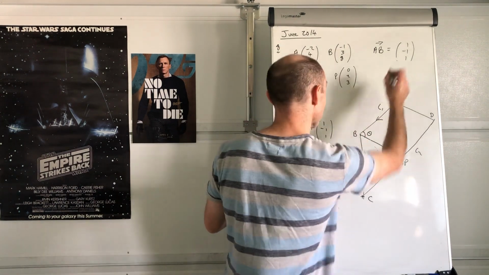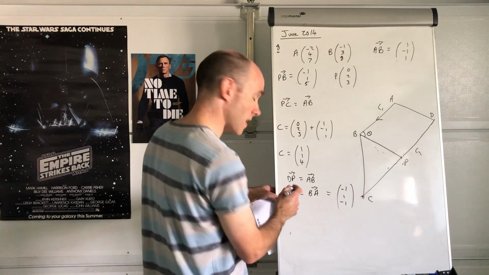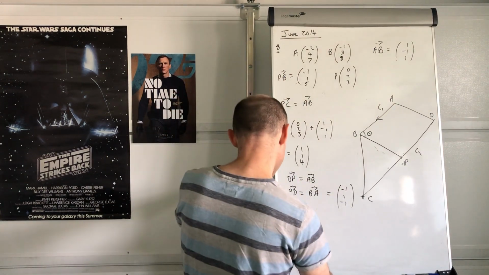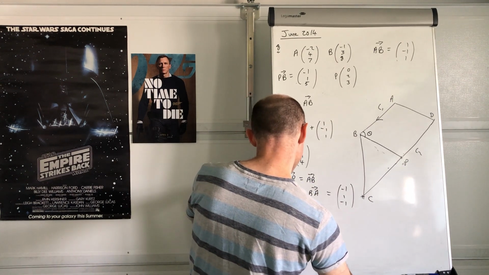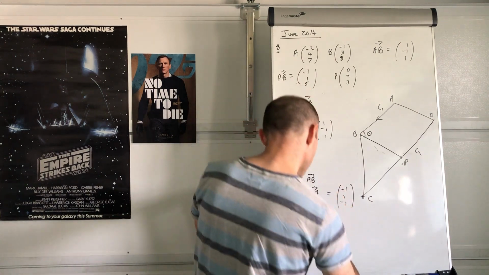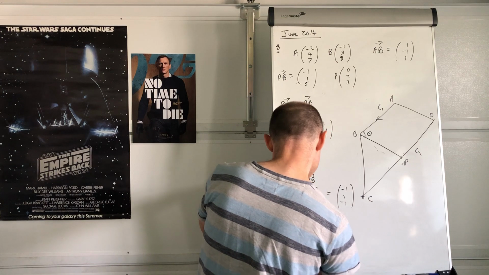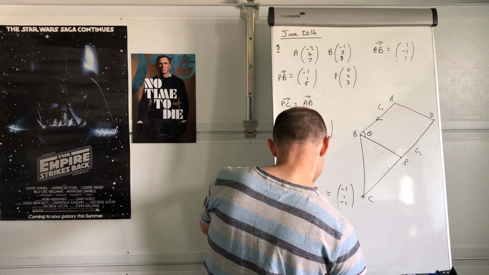It's just the negative of that, isn't it? Negative 1, 1, negative 1. I've done it that way around because I want to start off at point P again. So point D is going to be P, which is 0, 2, 3, plus BA, which is negative 1, 1, negative 1, and that's going to give me negative 1, 3, 2.